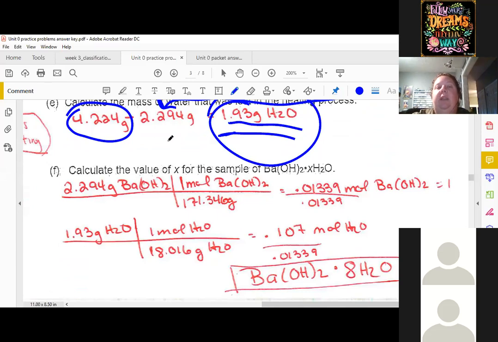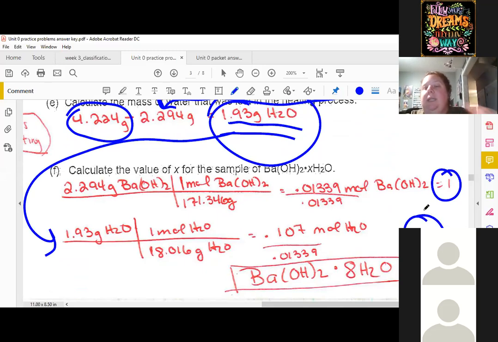I had the 1.93 grams of water. I turned that into moles. To find the ratio, I divide by the smallest number. Gives me a ratio of 1 to 8, which means that I have 1 barium hydroxide for every 8 waters. So that tells me what that N variable is.